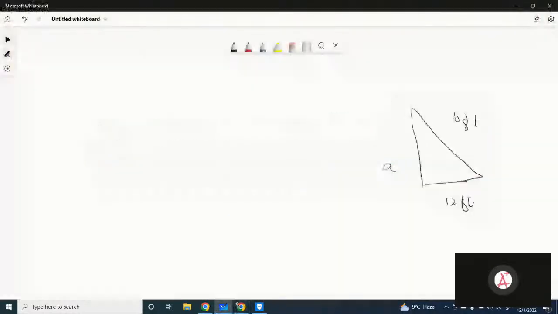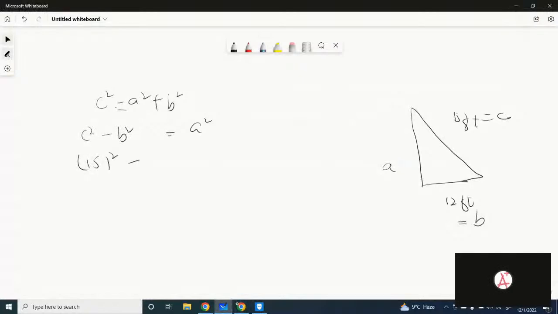Okay, you have to find the A. Here it is C, it is B, and you have to calculate A. It would be C square equals A square plus B square. You have to find the side length of A. It would be then A square equals C square minus B square. C is 15, so it would be 15 square.